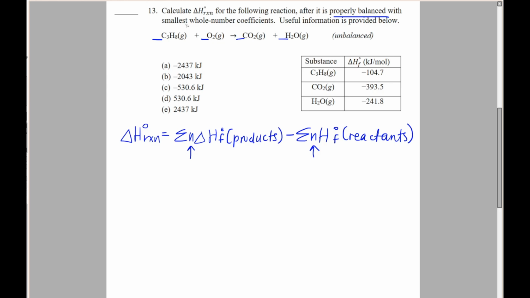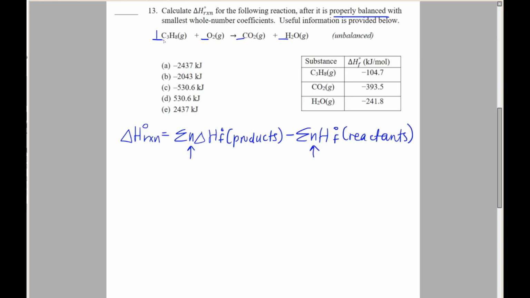And we're also asked for the smallest whole number coefficients. And since we have this subscript of 3 on this side for carbon, whereas CO2 only has 1 carbon, we should probably start with the smallest number of carbons possible on this left side. So we can just add 1 in front of this C3H8.